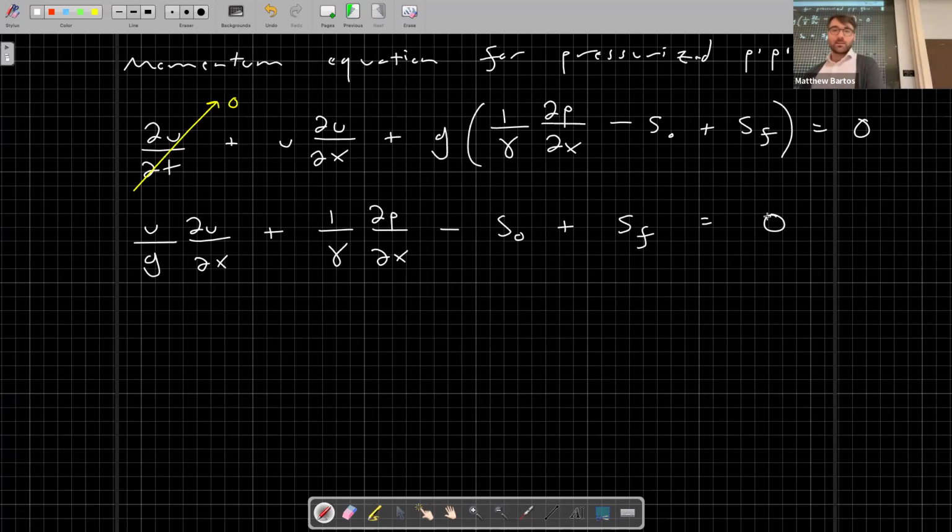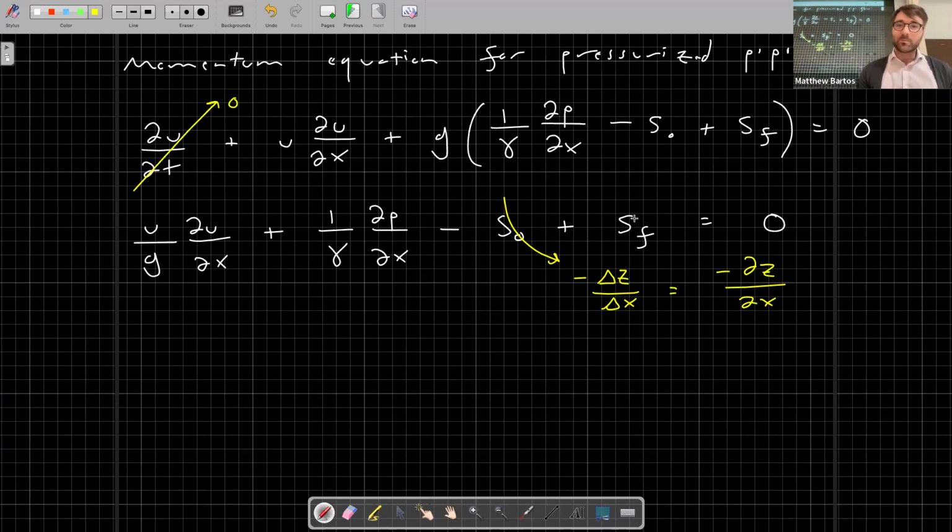Now, let's think about what the bottom slope and the friction slope mean. Can we express the bottom slope in terms of something over dx? Easy, right? The bottom slope, by our conventions, is negative delta z over delta x, so it's going to equal negative dz/dx.